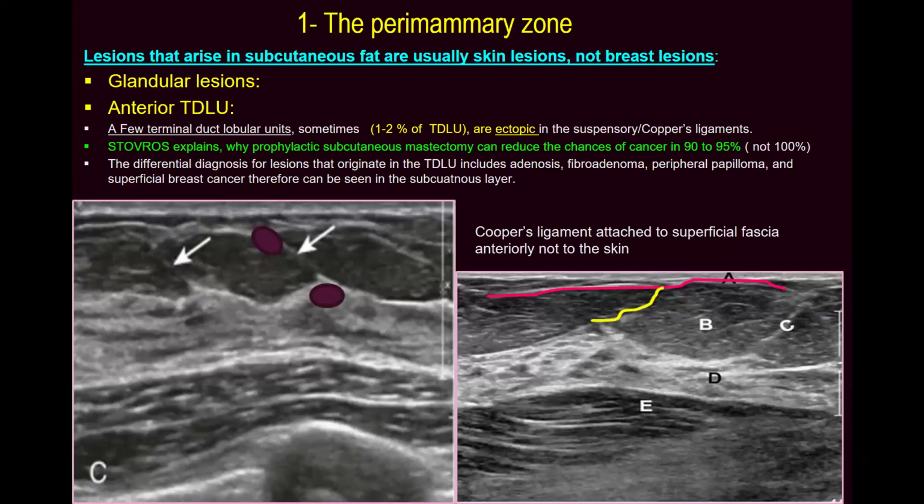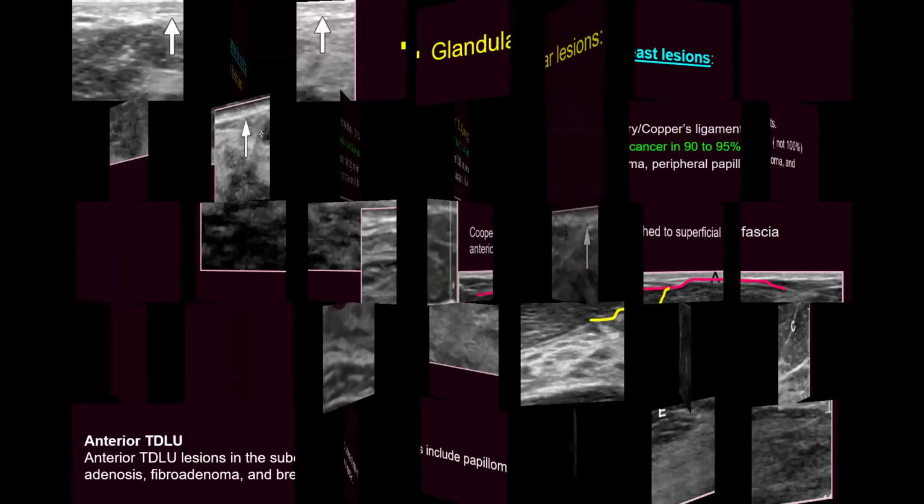So the differential diagnosis within the pre-mammary zone can include fibroadenoma, peripheral papilloma, and even cancer within the subcutaneous layer.